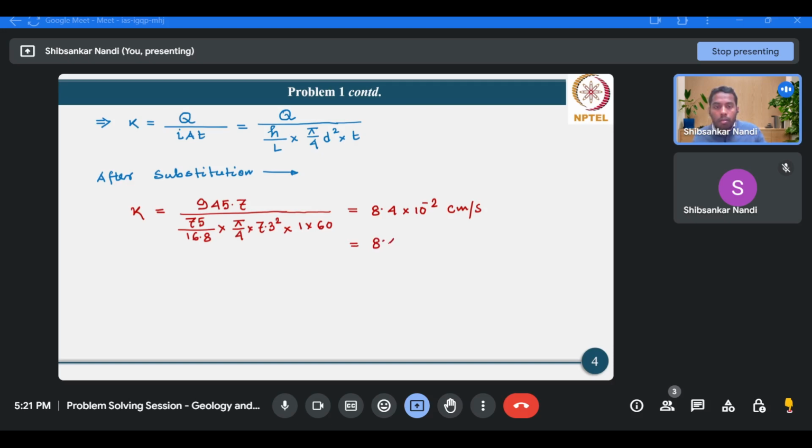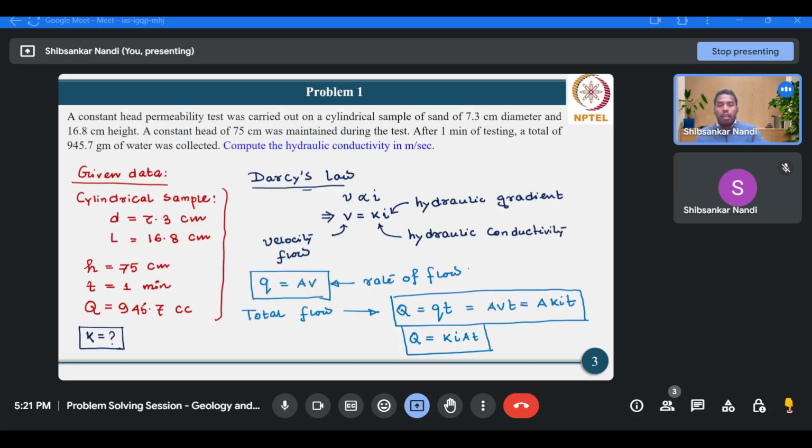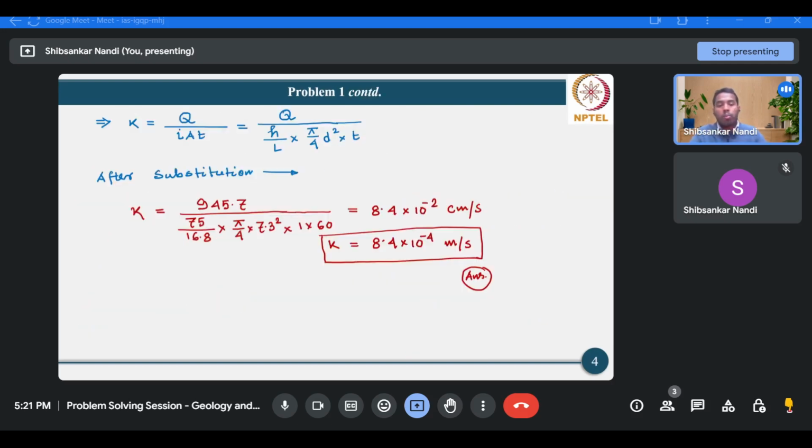So 8.4 into 10 to the power minus 4 meter per second. So this is the final answer to this question. The hydraulic conductivity is 8.4 into 10 to the power minus 4 meter per second.